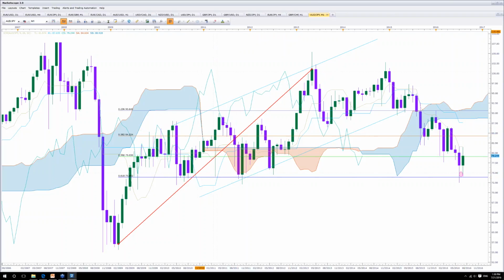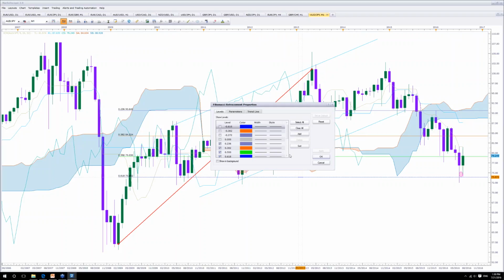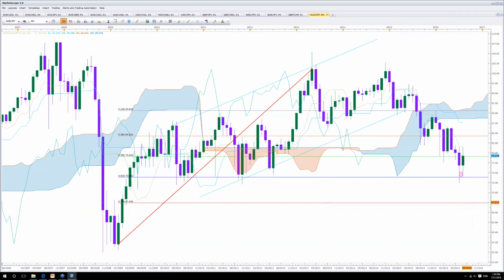And if we add the 76% Fibonacci to the mix, we're going to see that we do have another potential for Aussie Yen to go lower to 67.50.